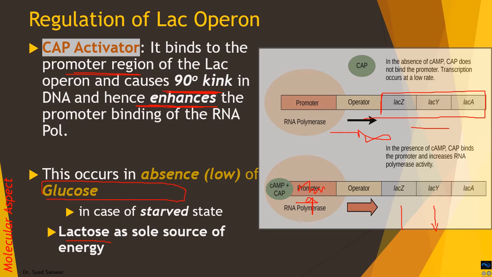This causes CAP activation of the promoter, which in turn binds the RNA polymerase much more avidly, and hence the expression is enhanced, increased from the basal levels to produce more and more of the enzymes.